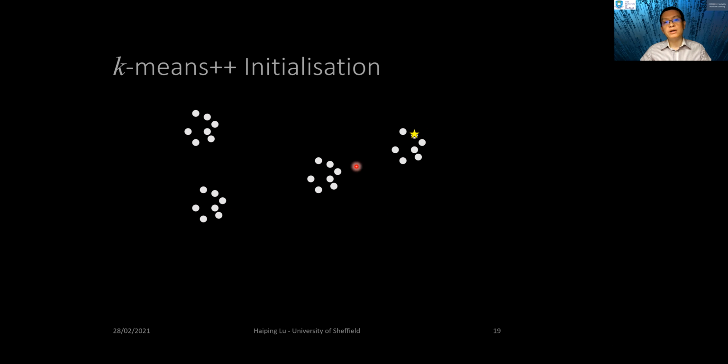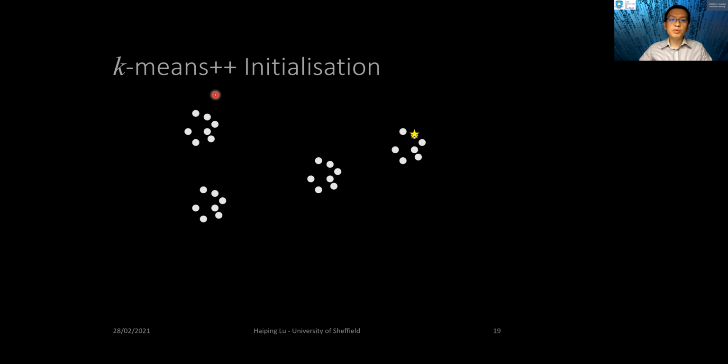It can be any of these points. But what's different is that for the second centroid, we will compute the distribution. The current set of centroids has only this point. For each other point, we compute the distance and take the square, then consider this as a distribution.